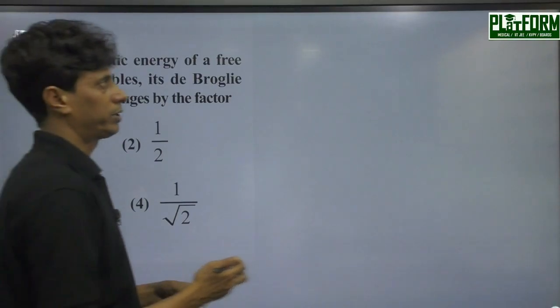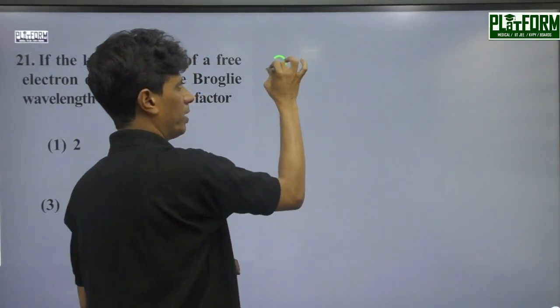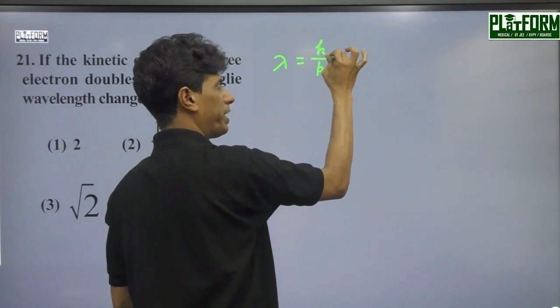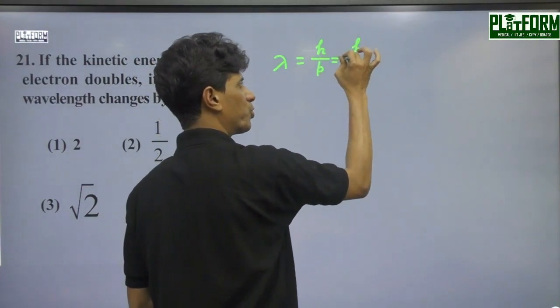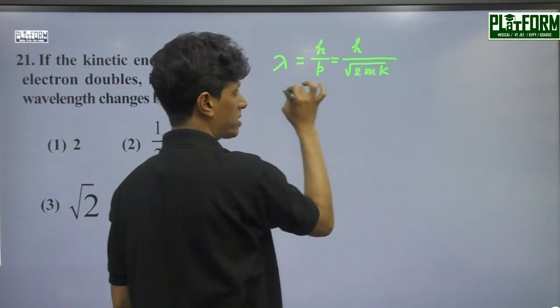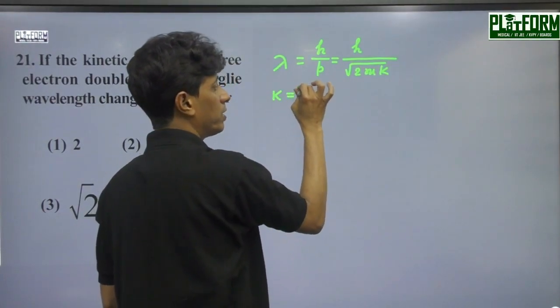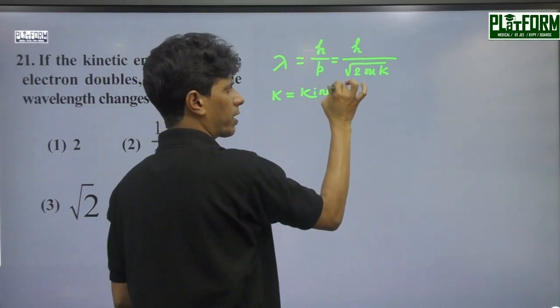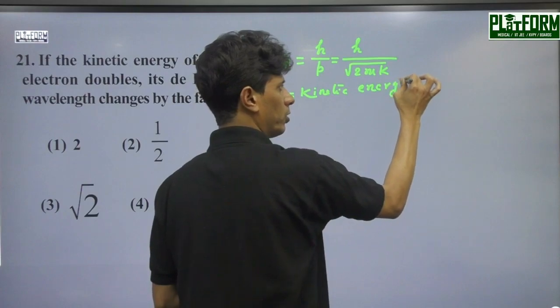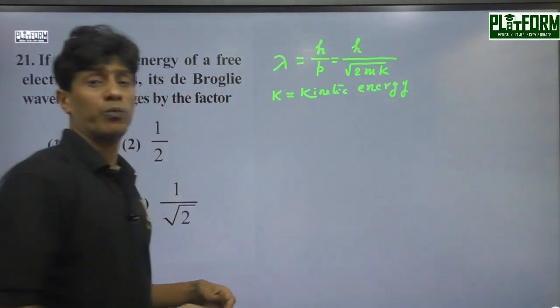Simple question, you know, de Broglie wavelength is h by p, momentum, and this is h over root over 2mK. K stands for kinetic energy of the moving particle.